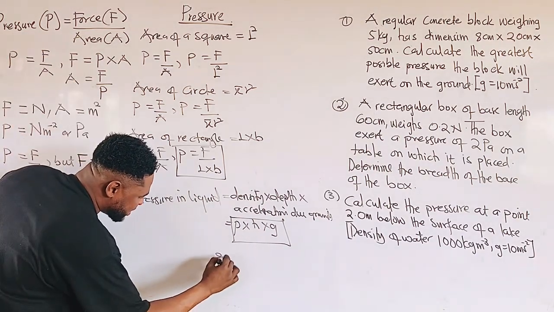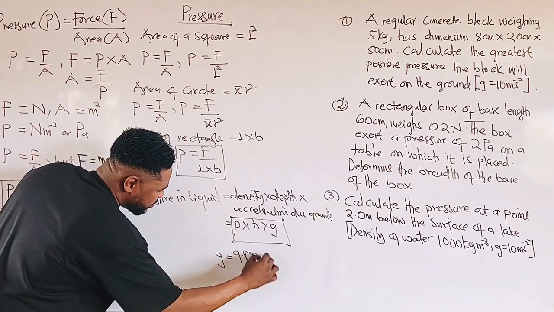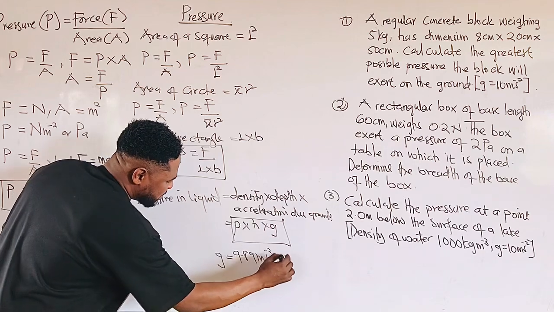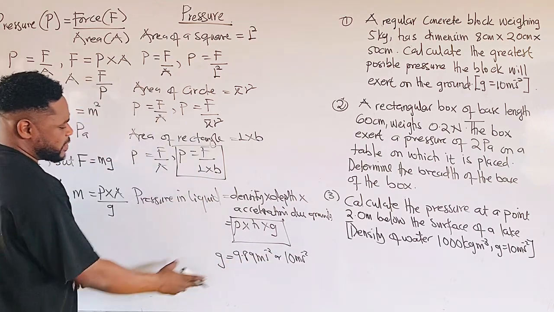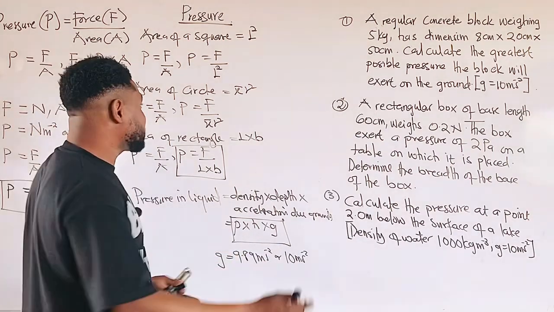Don't forget that gravity is constant, which is 9.8 meters per second square, or approximately we can say 10 meters per second square. So if gravity is not given, we can use it as a constant here.